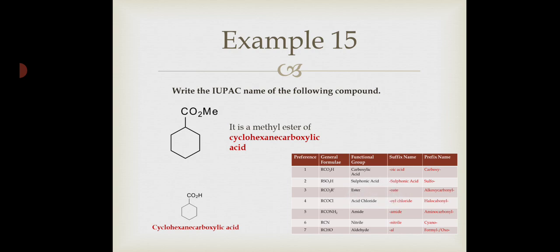Therefore, the name of the ester is methyl cyclohexane carboxylate. Just like ethanoic acid, when converted to methyl ester, we name it methyl ethanoate. Similarly, this methyl ester of cyclohexane carboxylic acid will be named as methyl cyclohexane carboxylate. -oate means ester.